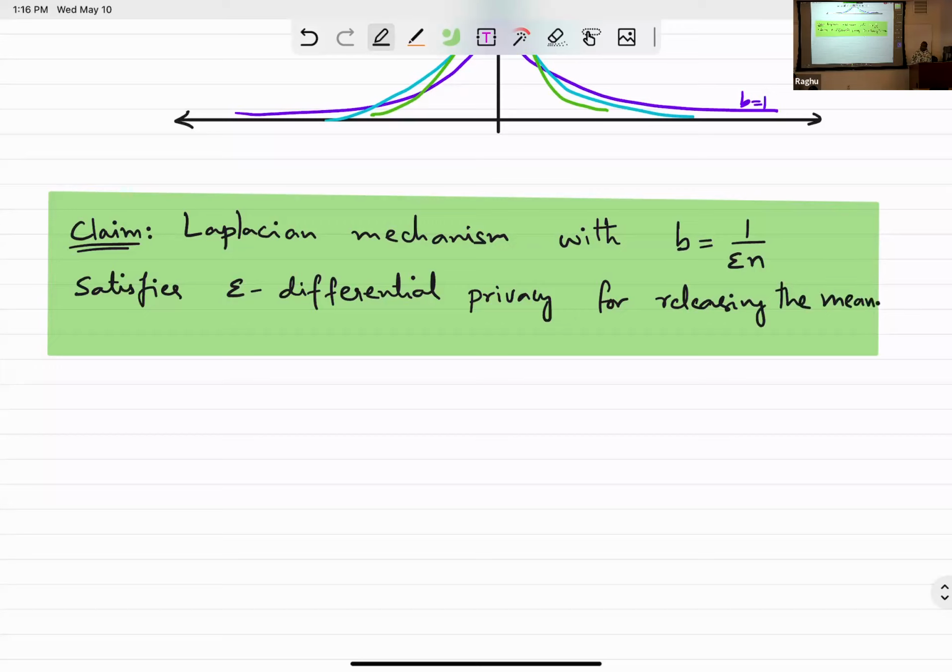If I just add Laplacian noise, then I get this differential privacy for releasing it.